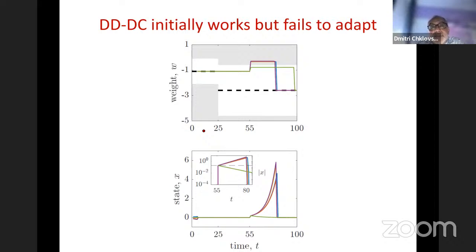And initially, it seems to work. If you look at the top diagram, what's shown here is how the weight W of the system for the scalar dynamics and quadratic loss adapts to the optimal one given by the dashed line. The dashed line is the optimal, and the green line is one of the instances. We have a few steps where we run the controller in the open loop.